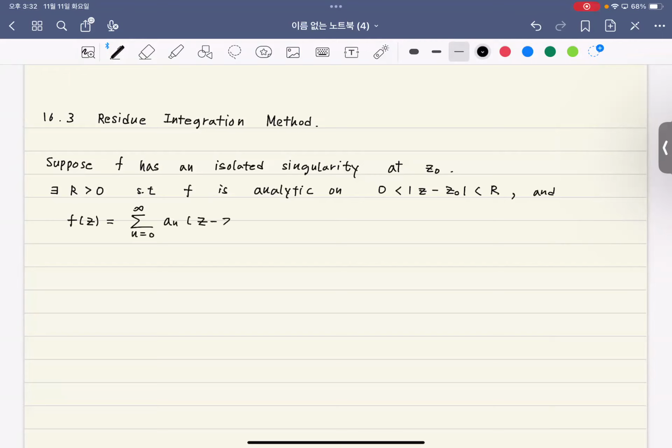These are the positive powers, and these are the negative powers.